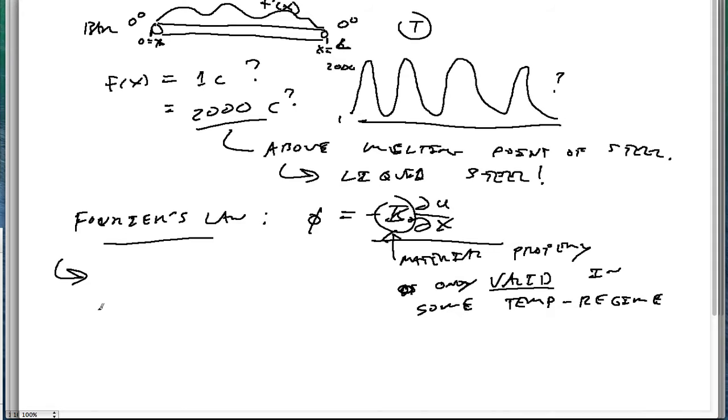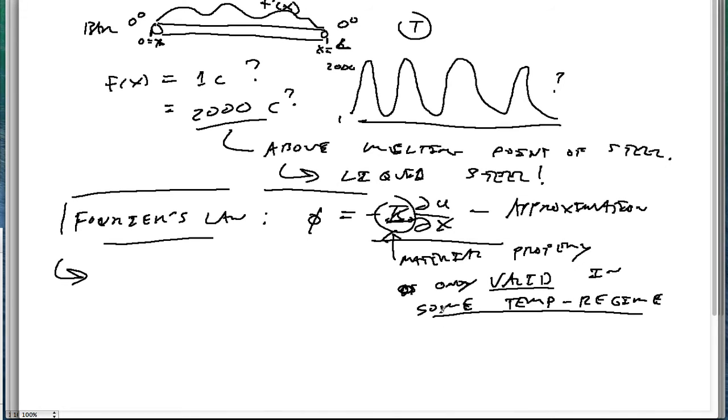It will compute and is valid for any numbers that you give it, but we have to keep in mind that when we're modeling the physical system, Fourier's law is just an approximation, and it may be valid for a narrow temperature range that we want to model.